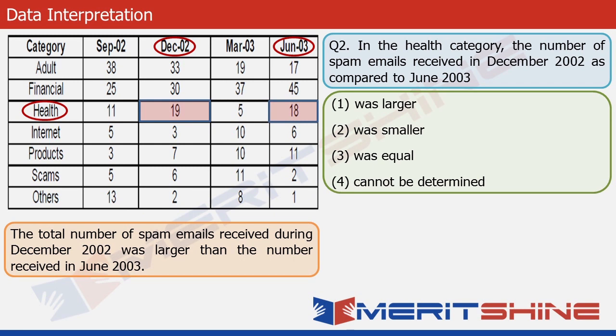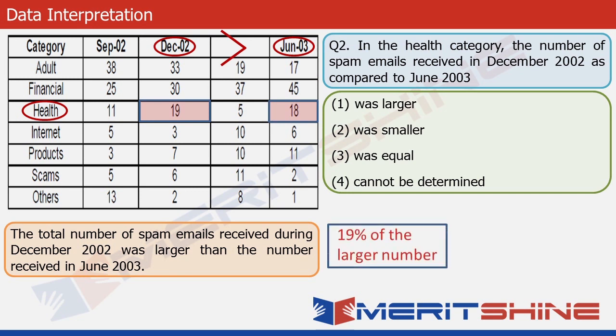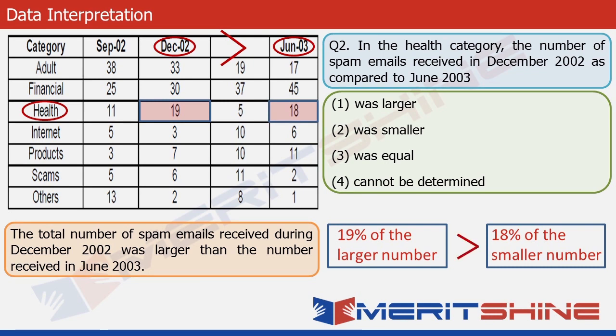It says that the total number of spam emails received during December 02 was larger than the number received in June 03. So we basically need to compare 19% of a larger number with 18% of the smaller number. Now that's very obvious. 19% of the larger number would be bigger than 18% of the smaller number. And so our answer would be option 1.